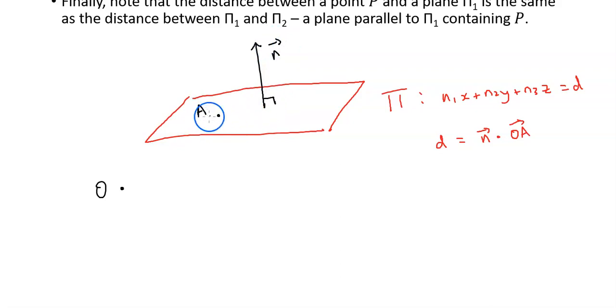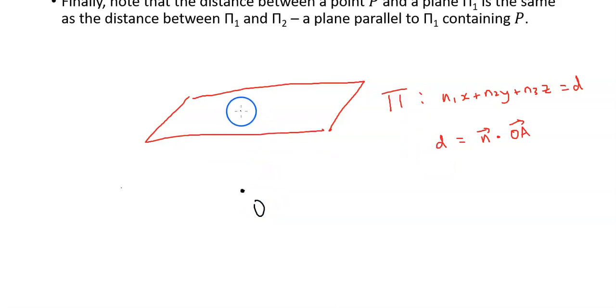But notice that we can choose A arbitrarily, so it doesn't matter what point A in the plane we choose. We're still going to have this real number d equal to the normal vector dotted with that point. So let's make a different choice of A. Let's instead go further along the plane, or equivalently move the origin over here, it doesn't really matter.